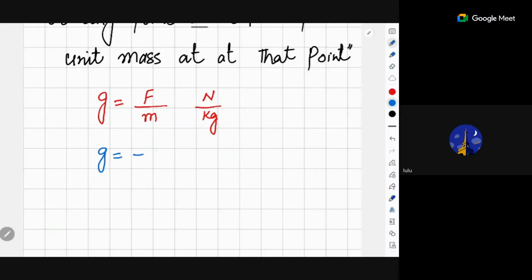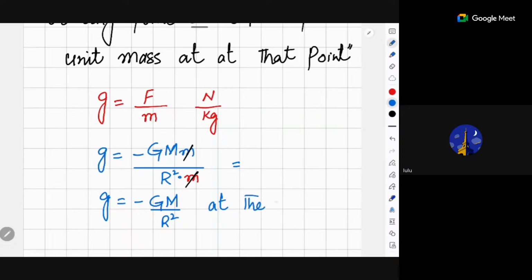So it will be minus G M m divided by r squared, into that small m. Then you cancel all these things; this m will cancel with this m. This is a very simple derivation, but very important: the gravitational field strength can be written as negative G M divided by r squared at the surface of any planet.